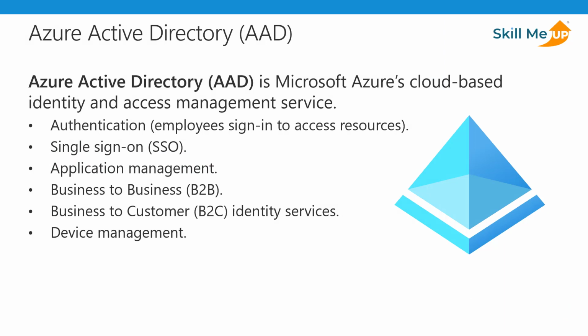Now, you heard me talk about the identity and access earlier, and that's primarily provided by Azure Active Directory, often referred to as Azure AD or sometimes AAD. But in this particular environment, what we have is the users and groups all contained within the identity provider of Azure AD.